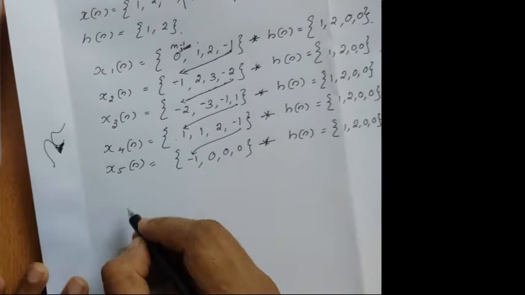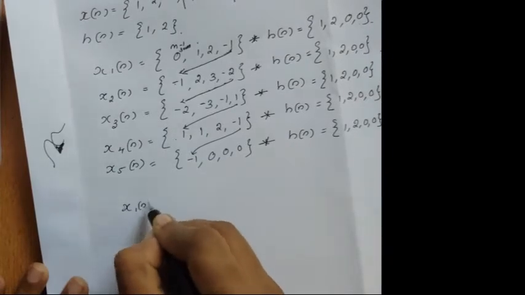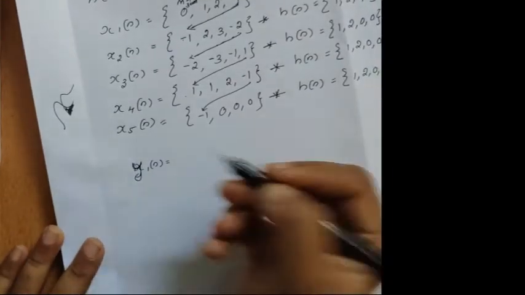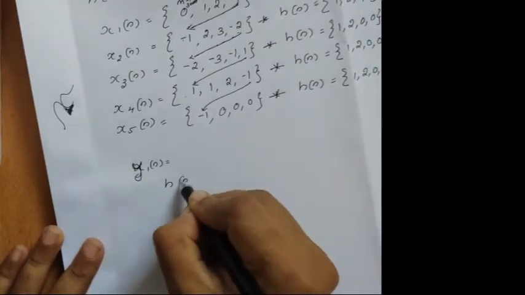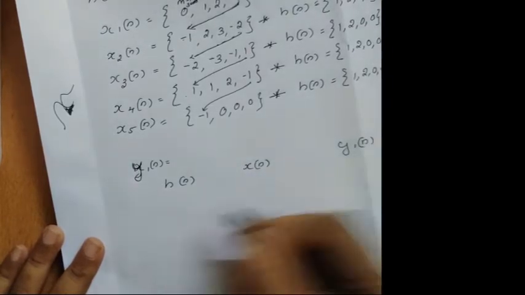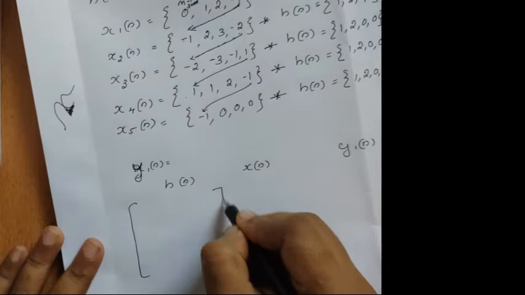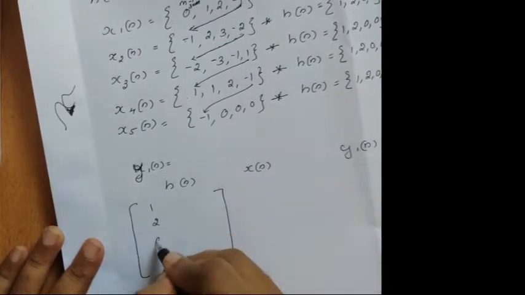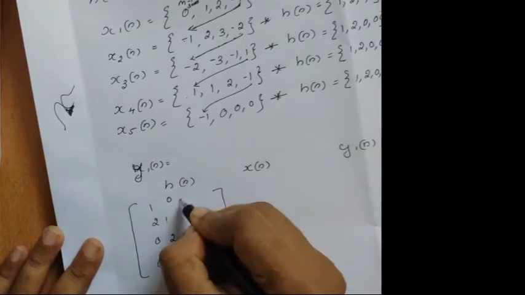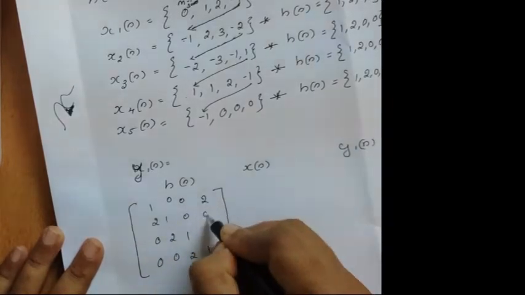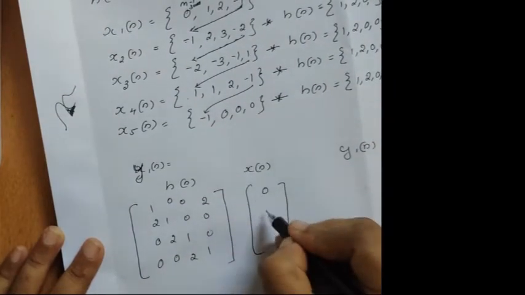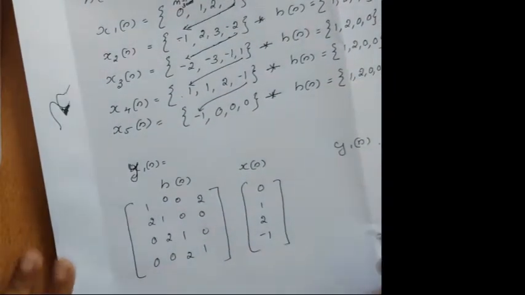You want to find y1 of n. So for y1 of n, you do h of n with x of n, and you will get y1 of n. You can do the matrix as we have done previously. Zero, 0, 1, 2, 0, 0, 0, 1, 2, minus 1.